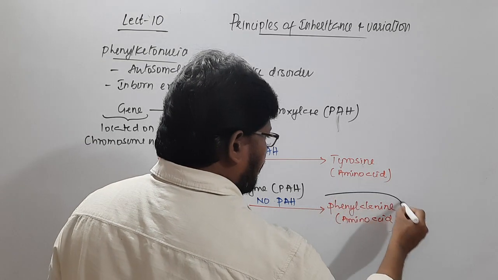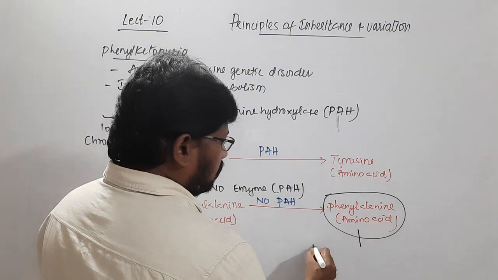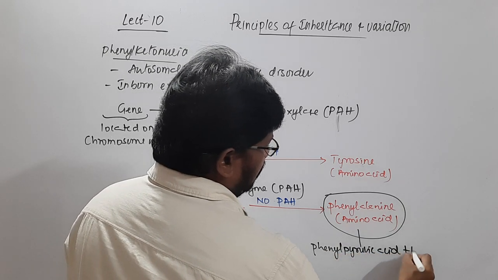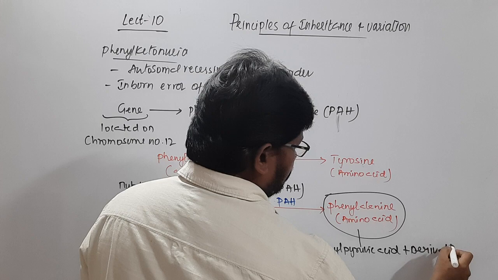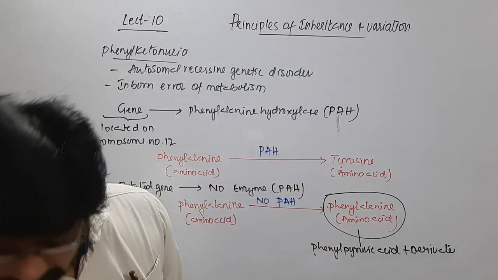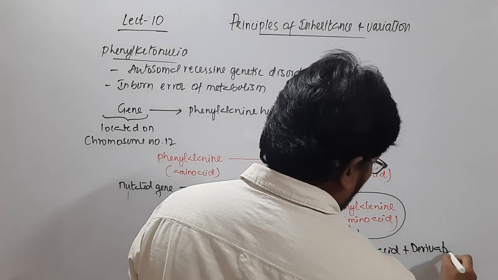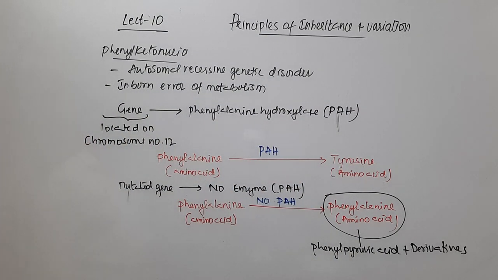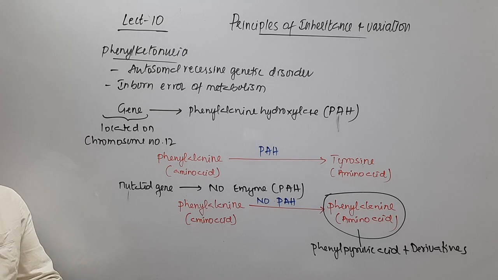So phenyl pyruvic acid plus derivatives are formed from phenylalanine when there is no enzyme phenylalanine hydroxylase.